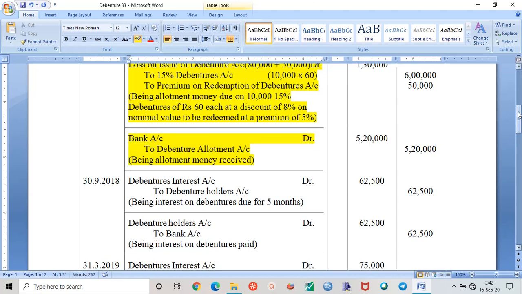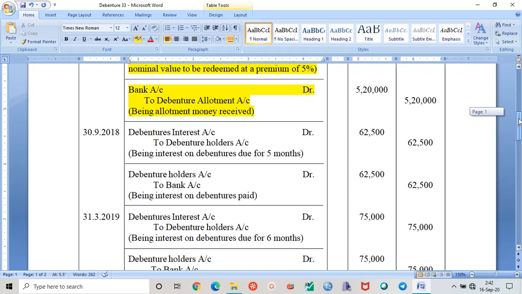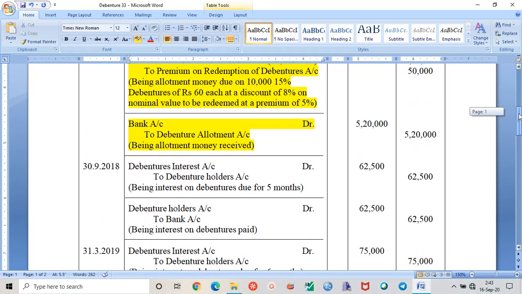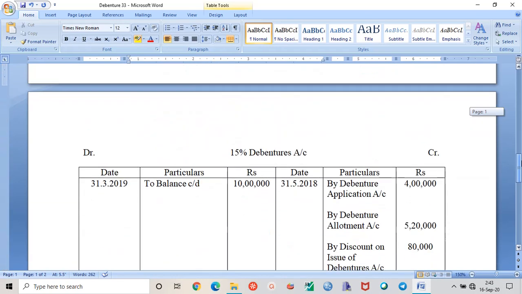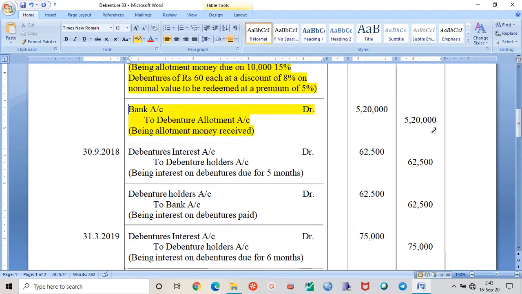Now you have this interest on debentures. This is a very interesting part of this particular question, because interest on these debentures was to be paid half yearly on 31st March and on 30th September. So you start from 30th September of this year 2018, and the amount is to be counted from 1st May onwards.